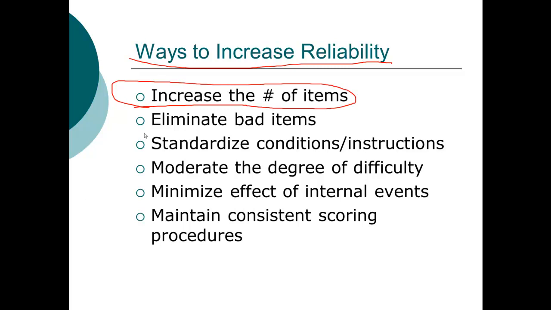Got some bad questions, get rid of them, change the questions. Standardize your conditions or the instructions. Make them simple. Get your environment conducive for testing. Moderate the degrees of difficulty. Do you have hard questions, easy questions, medium difficulty questions? Try to get a good mix of those right there.